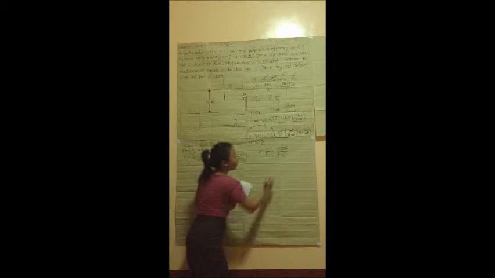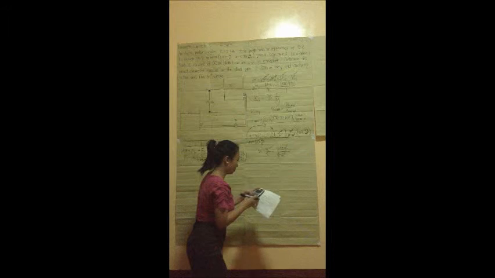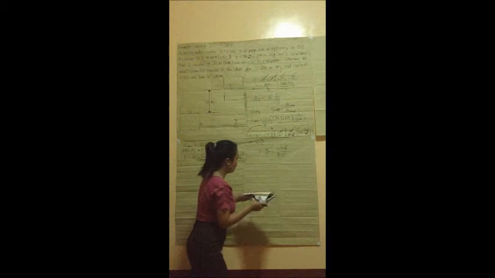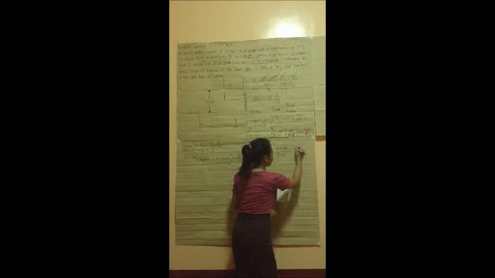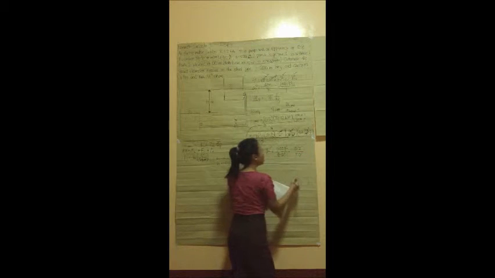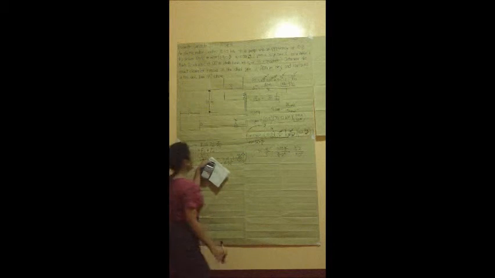And getting the value for this, we get 0.2 over pi d squared. We can substitute this value to this value so that we can simplify the value for Fc.